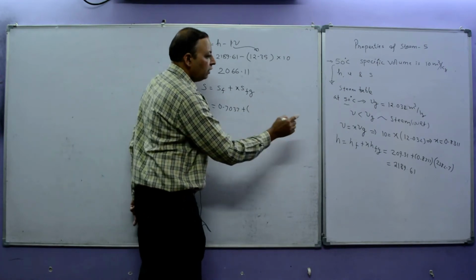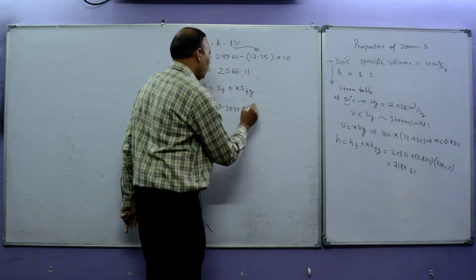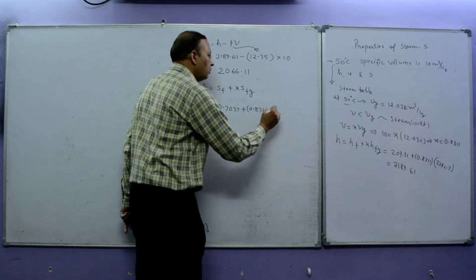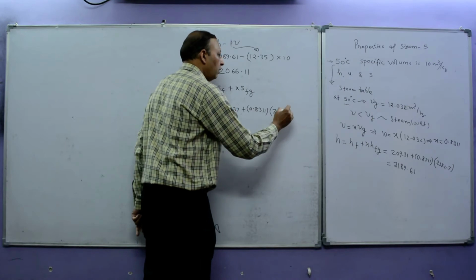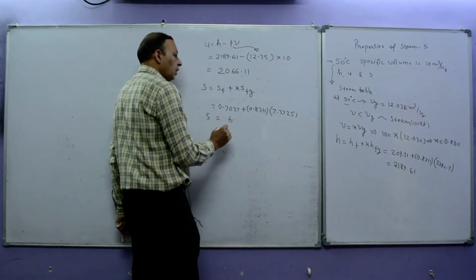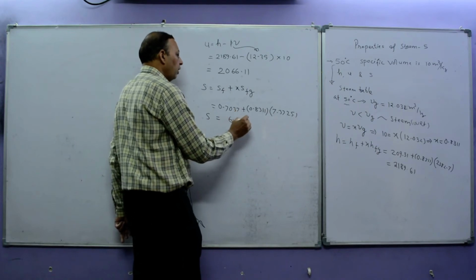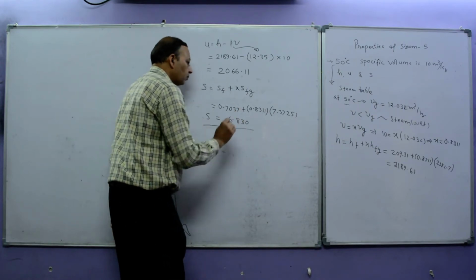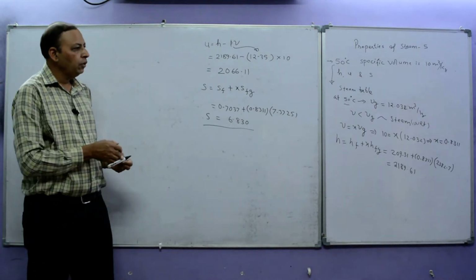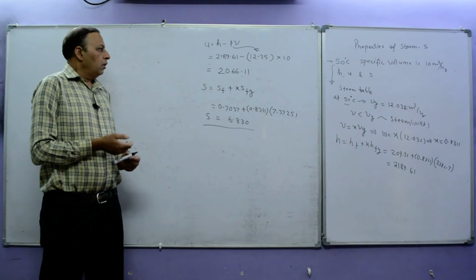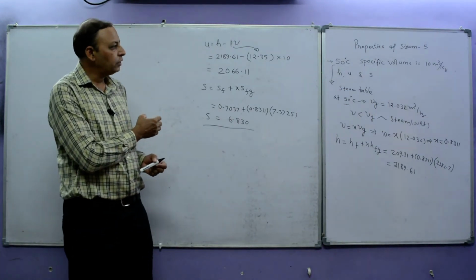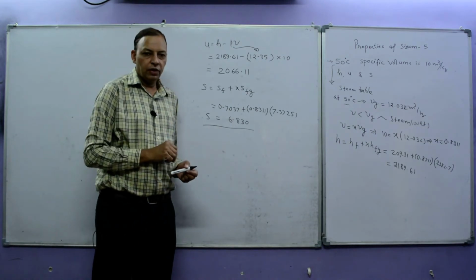What is x? x we have calculated 0.8311, and SFG is 7.3725. Here we get the value of S, after calculation, 6.830. So this is the numerical which will help you to calculate the different properties of wet steam on the given condition.